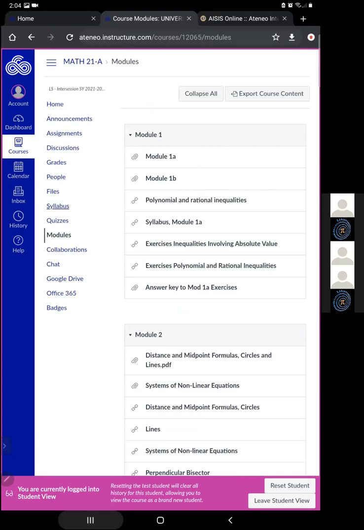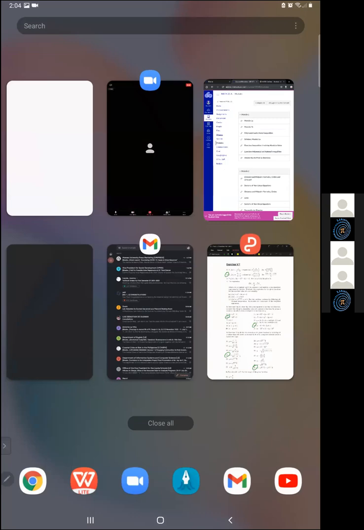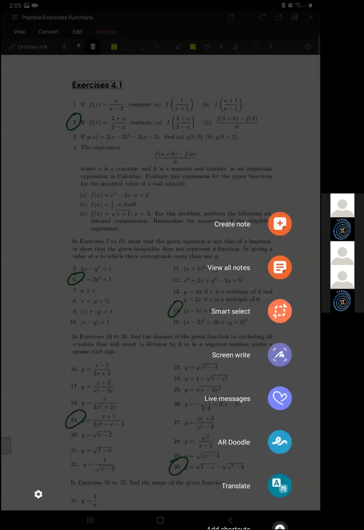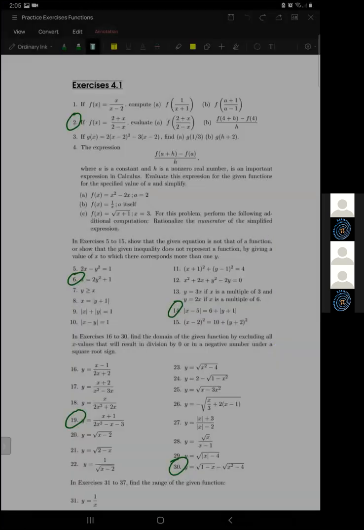So I'll be doing some items in the exercises I uploaded in module 3. Okay. So let me do one here.